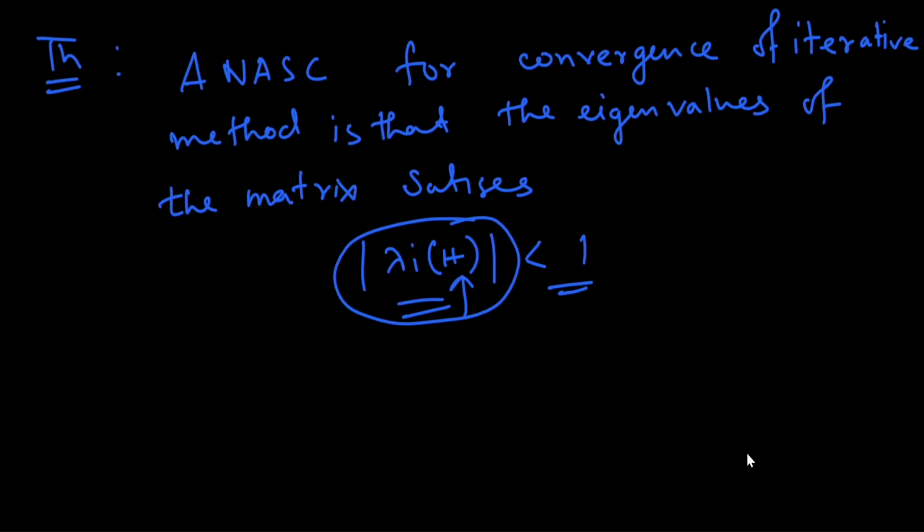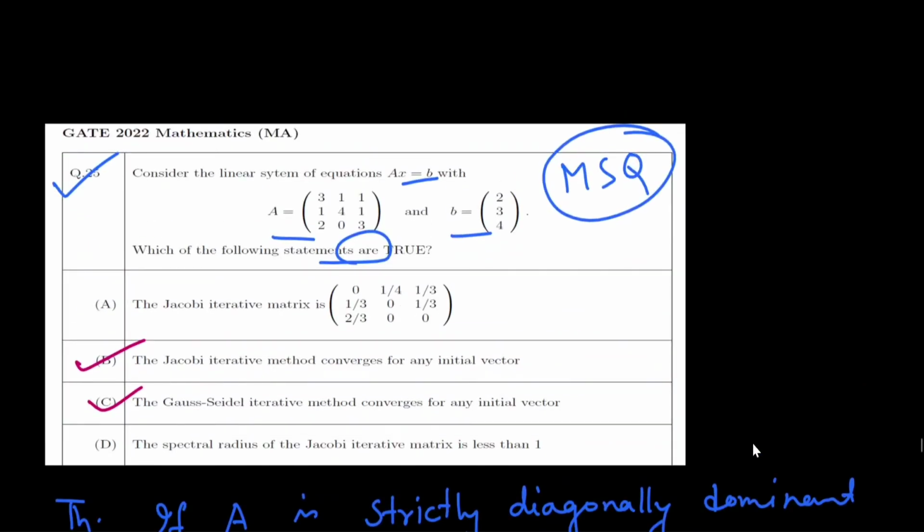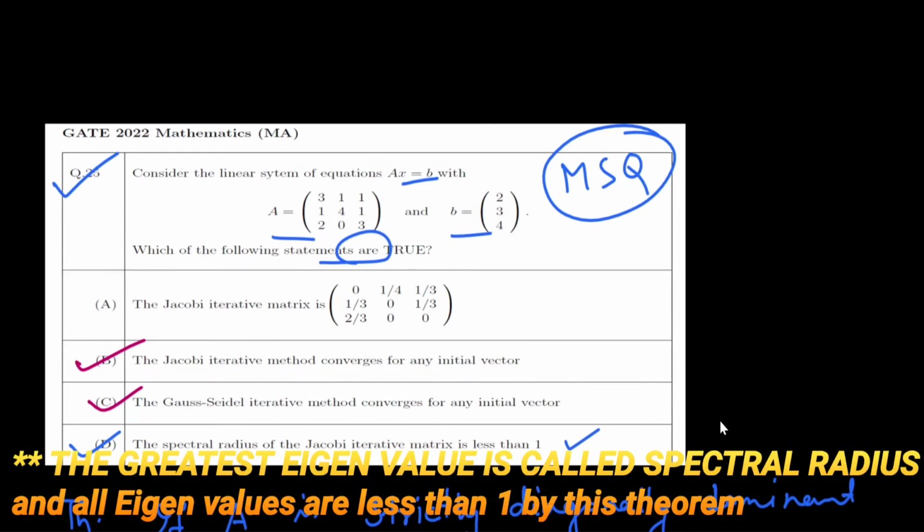So now how to calculate this matrix H? Clearly from this theorem, option D, the spectral radius of a Jacobi iteration matrix is also less than 1. This is also true, since the Jacobi iteration scheme is convergent. Now we have only to check whether the Jacobi iteration matrix is this matrix.